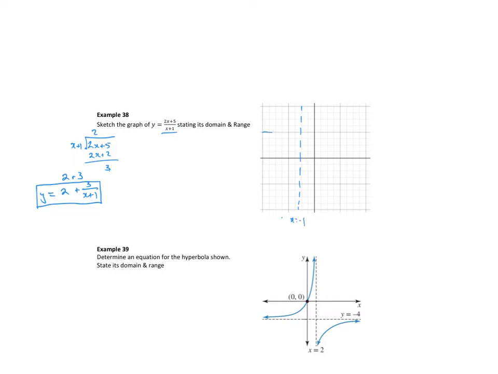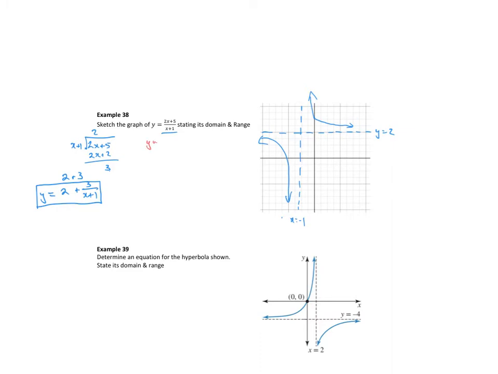I can make that 2 units up, at y equal to 2, positive hyperbola. So I'm expecting an intercept there somewhere, and probably here somewhere. By rights, I should work those out first, and I'll do that now.